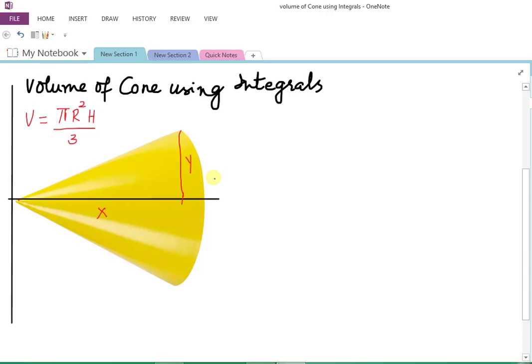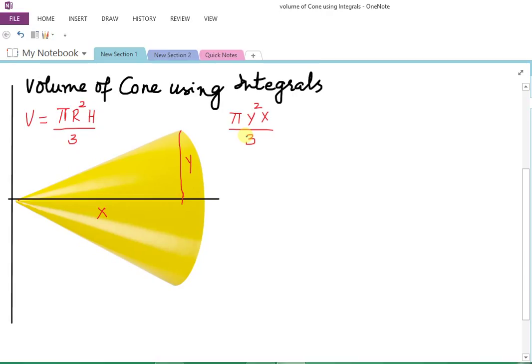So any guess what should be the volume in this case? The volume would be pi y square x over 3 here. Yeah, that's right. So it's pi y square x over 3.